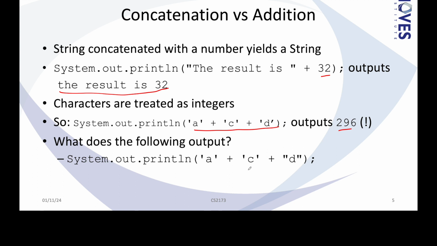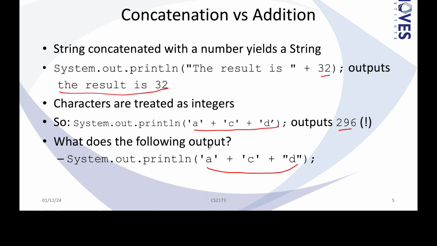Okay, here's a little teaser. Therefore, can you reason what this will produce? That would make sense, but actually there are two things going on here. Remember, operations go left to right. So when it goes left to right, it encounters this character.